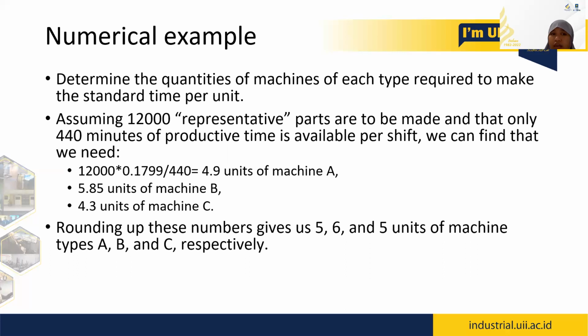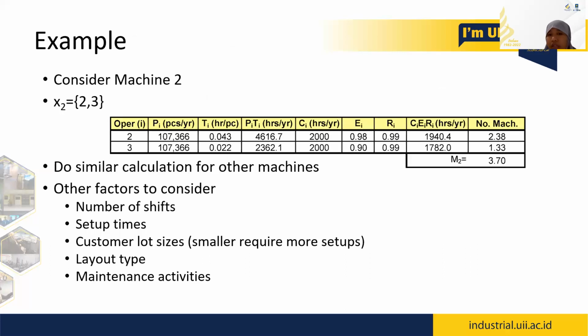Or you can just calculate it based on the available time, or you can calculate it based on the capacity, like in the second example. So for example, there is the demand for product 2 and 3 in machine 2, so you know how much it is. And then there is the time needed per piece, where the total time based on the demand will be equal to PiTi.